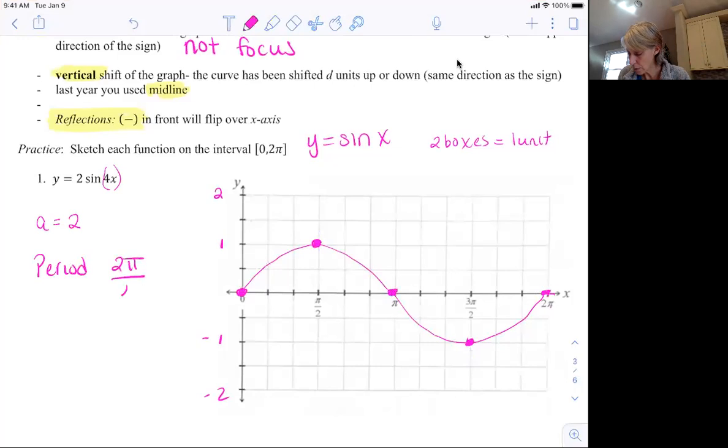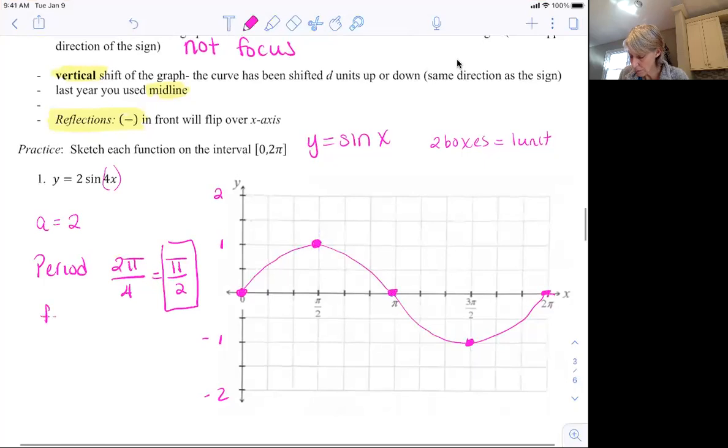So 2 pi over 4 equals pi over 2. That means instead of completing one cycle in 2 pi, I'm going to be done with one cycle at pi over 2. We're smushing this graph together. So we're going to finish one cycle by pi over 2.